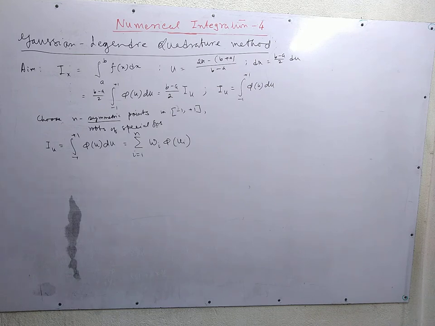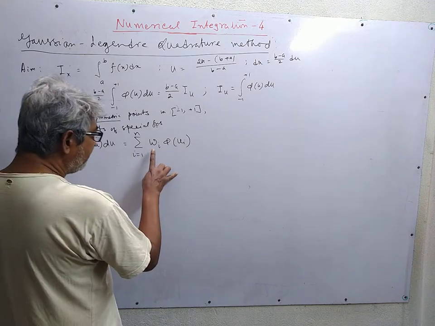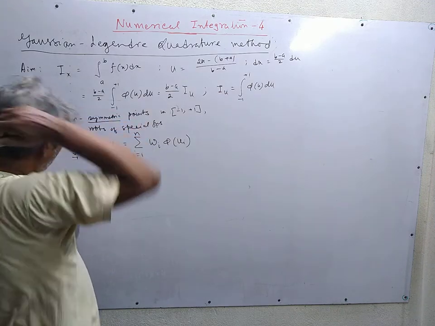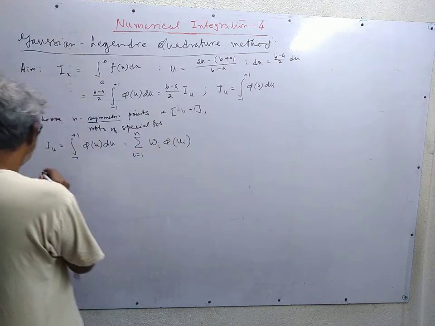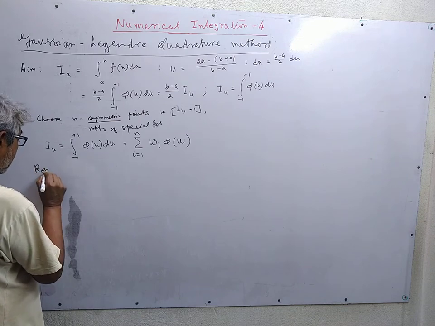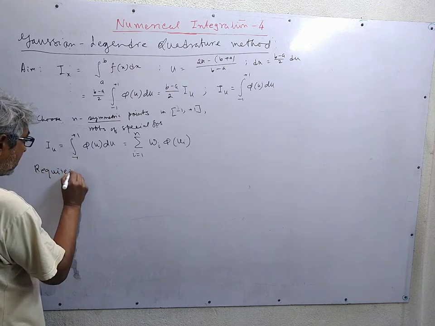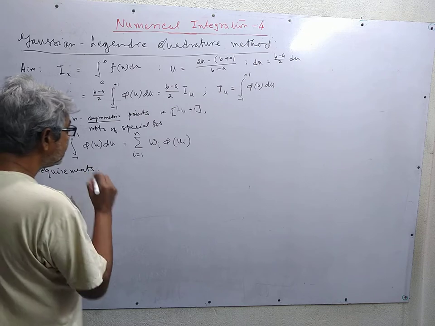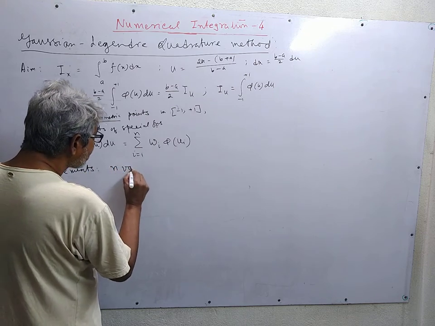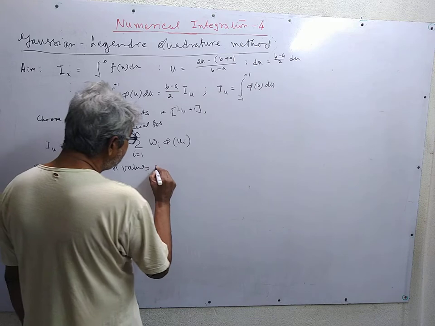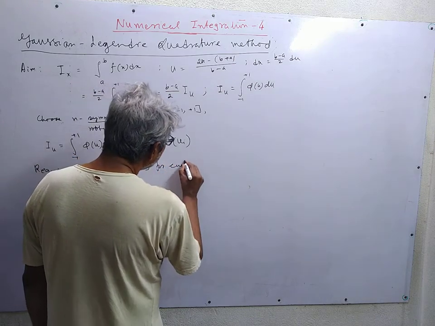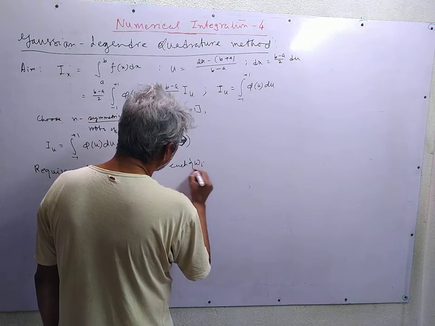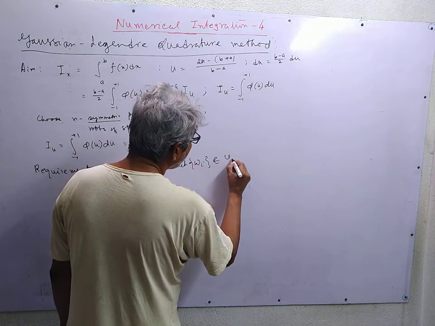Now, we need to know, if we choose n such points, then we need to know n values of ui. So the requirement is n values for each of wi and ui.